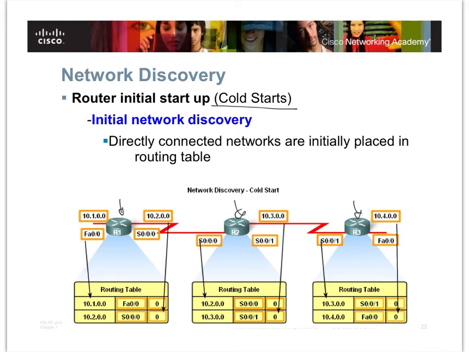This cold start step is totally agnostic to whatever dynamic routing protocol we're talking about. So regardless of whether it's link state or distance vector, it doesn't really affect this cold start phase, and this happens before I even start any routing protocol. So the same thing happens for router 2 and router 3. All of them will independently collect information about the directly connected routes, and they will put it in the routing table.